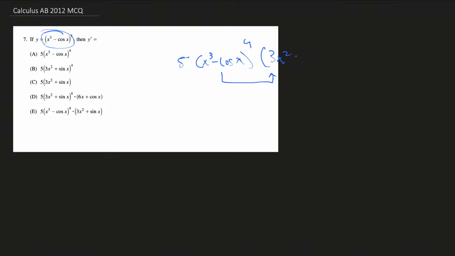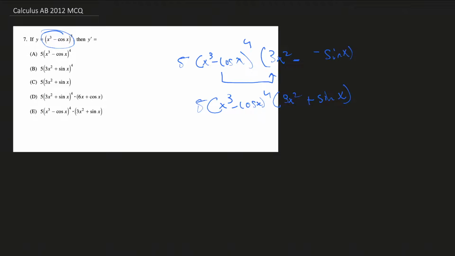The derivative of cosine is negative sine of x, so the answer to this is going to be equal to 5 times x cubed minus cosine of x to the power of 4 times 3x squared plus sine of x.